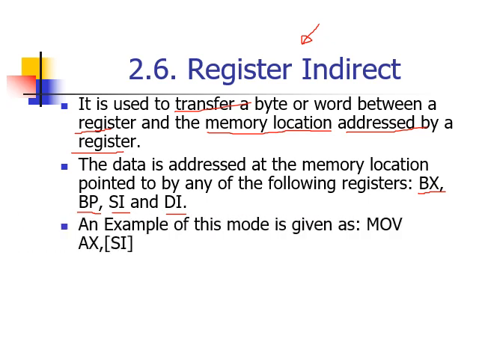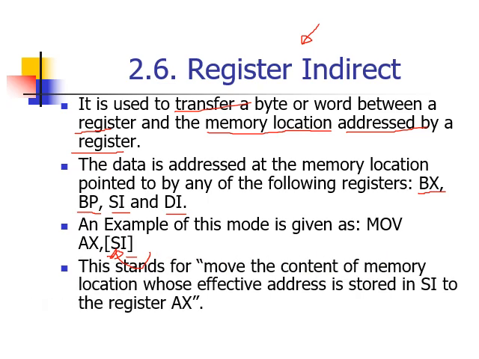For example, MOV AX, [SI]. Again, SI is placed between two square brackets, meaning the value inside SI gives you the offset or the effective address of a memory location. All right, and here we're trying to get 16 bits from memory to fill AX.